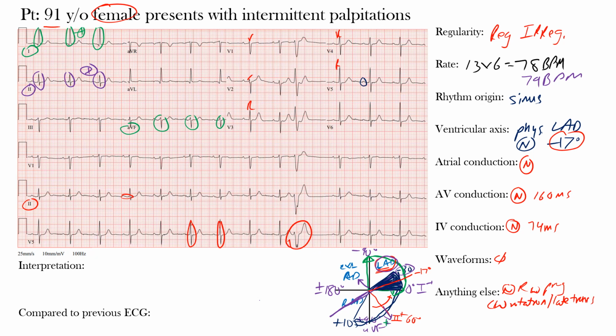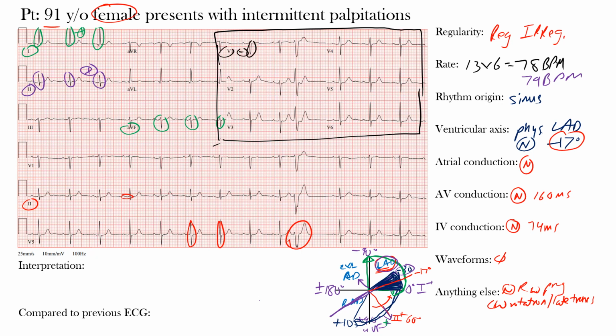So just so you're aware of what we mean by this transition, what we mean is that in the precordial leads, which are these leads here, V1 through V6, the chest leads, we want to see the lead where it goes from mostly negative to mostly positive, and the most isoelectric lead, if we see an isoelectric lead, that's where the transition occurs. So V1, notice that the QRS complex is mostly negative, same thing in V2, mostly negative complexes.